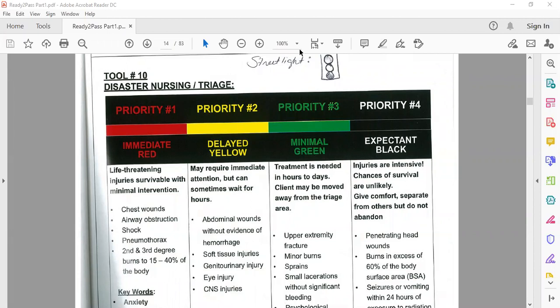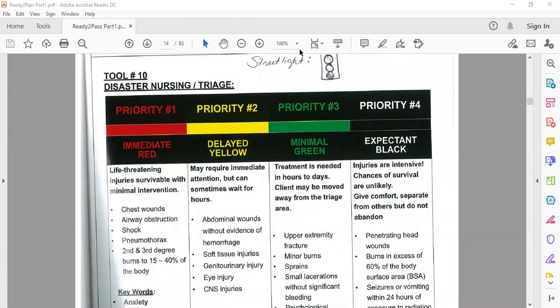It is very important. A stands for airway. We have to ensure the patient's airway is clear, and stabilize the cervical spine if neck or head trauma is suspected. B for breathing.